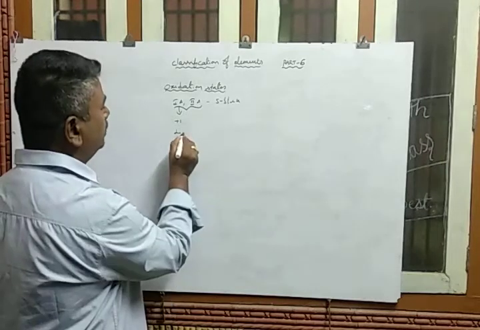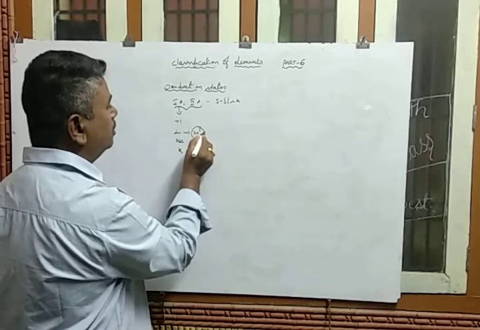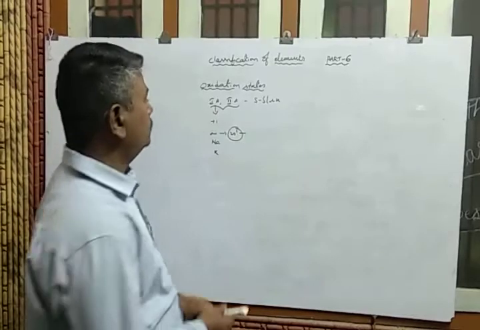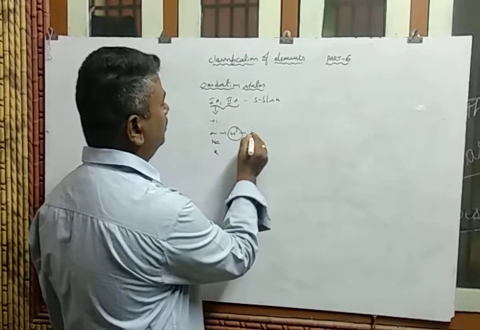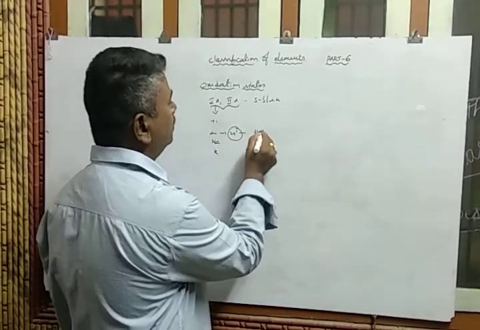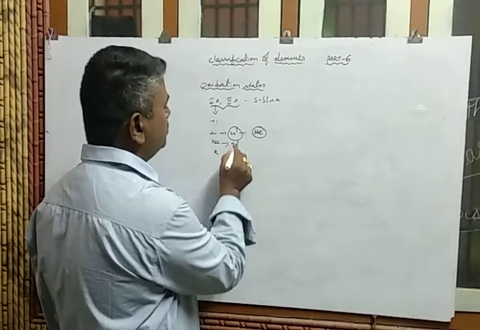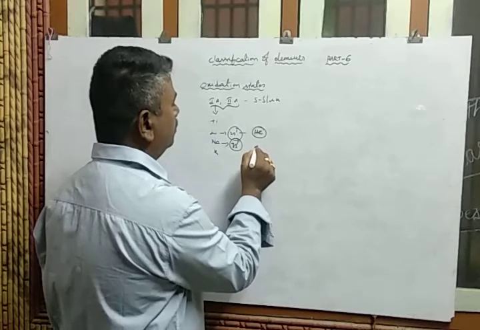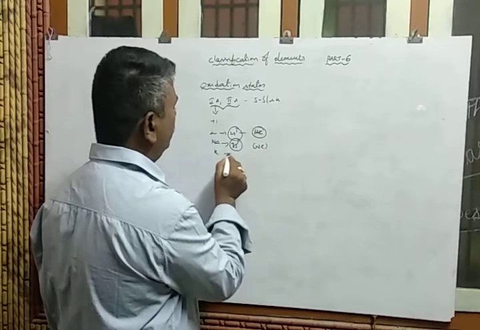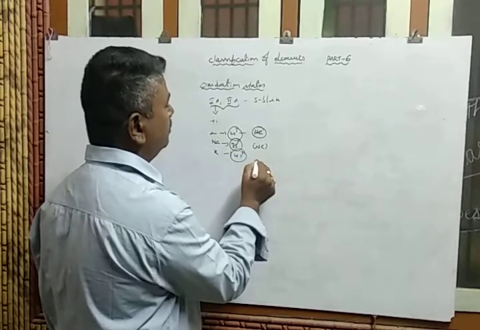So lithium has 2s1. If it loses this electron, it requires which one? Helium inert gas configuration. Whereas in the case of sodium, that is 3s1, if it loses this electron, it requires which one? Neon configuration. Whereas 4s1, if it loses this electron, it requires argon.